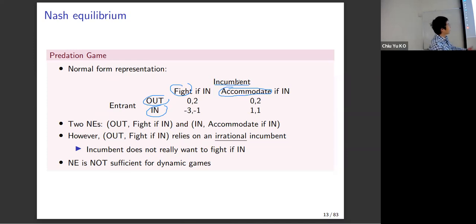And of course, if out, then the incumbent is not actually doing anything, right? Nothing really matters, okay? In this case, out is actually 0-2, right? Because regardless of whether the incumbent wants to fight or accommodate, there's nothing he can do, because the game has already ended, right? It's out, then no need to fight. When in, there's a payoff, right?